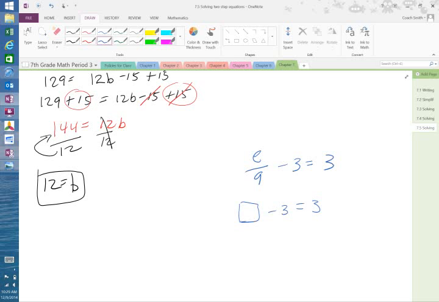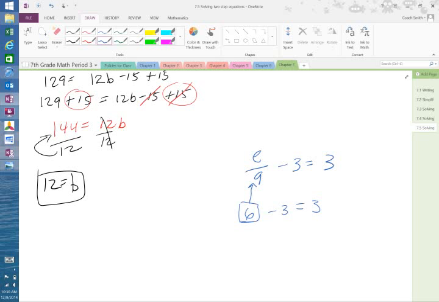It has to be 6. So in this box has to be 6. That's what that E over 9, in other words, I have to divide 9 into some number and get 6. Well, what number can I divide 9 into to get 6?